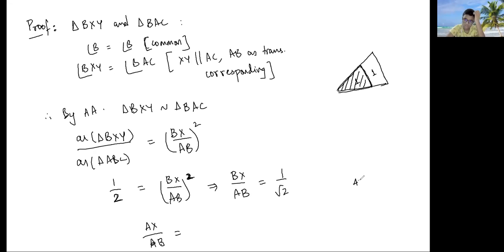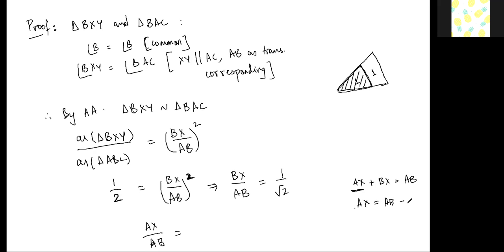So AX plus BX is equal to AB, which means what can you write AX as? AX will be equal to AB minus BX. Correct. So just put that over here. AX upon AB will be equal to AB minus BX upon AB.